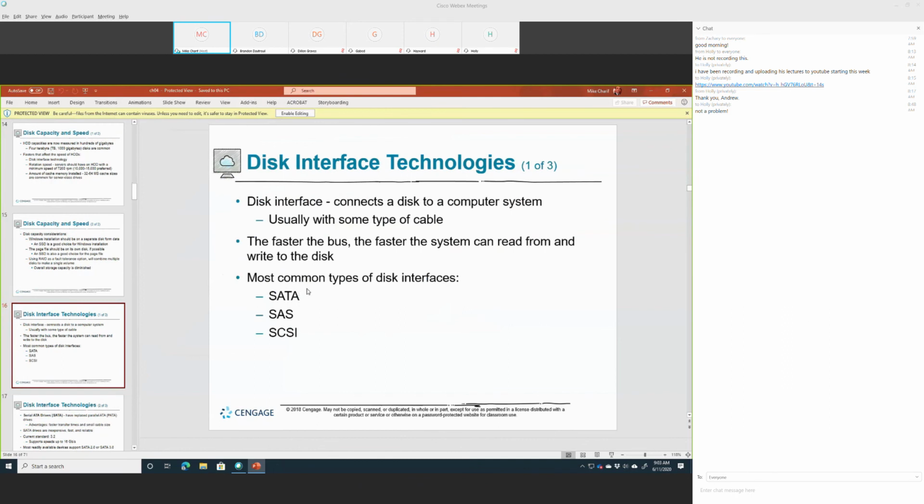Okay, so we talked about the speed and the capacity, and now we're going to talk about the disk interface. Basically, when you get your disk, where do you want to plug it in? It depends on the type of the disk.